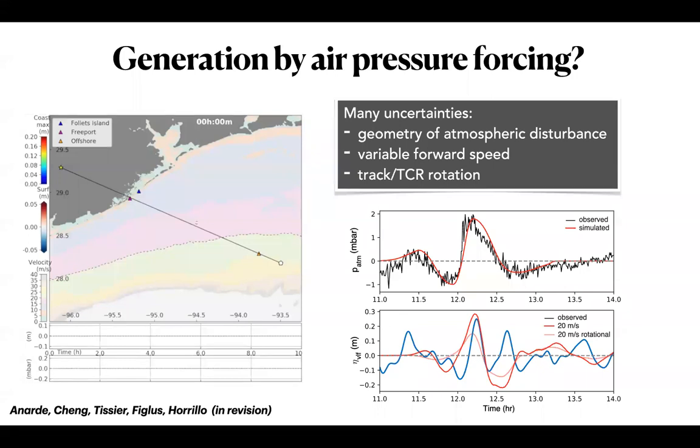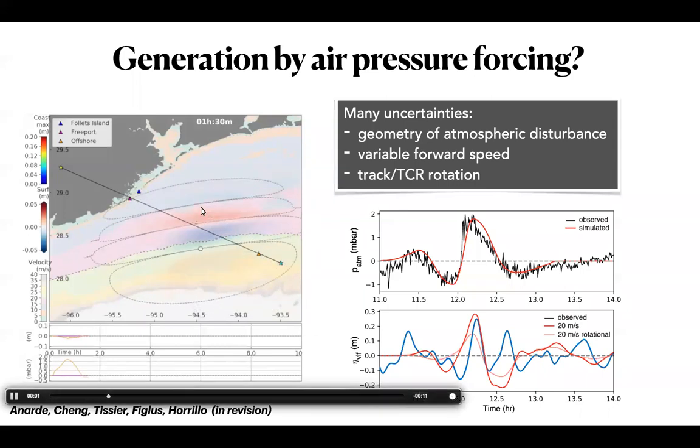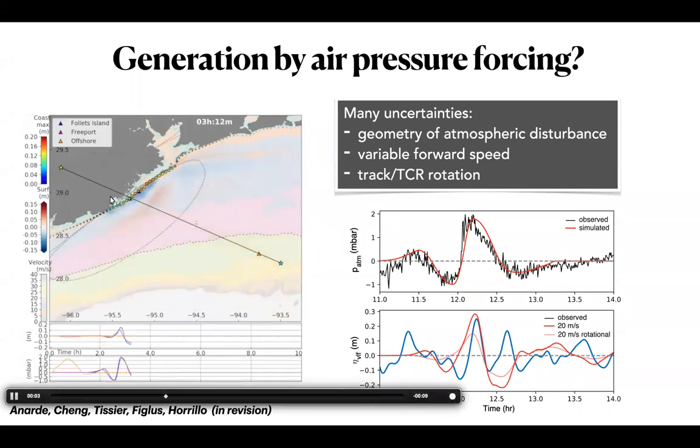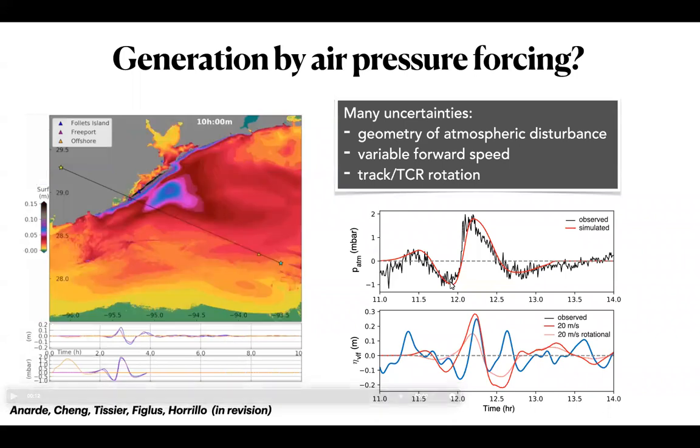Here I'm going to show another simulation where we try to rotate this air pressure disturbance. On the right, I'm showing the output. In black is the observed pressure, in red, the simulated pressure, and this was actually our largest pressure crest anomaly. And here's the water surface response.